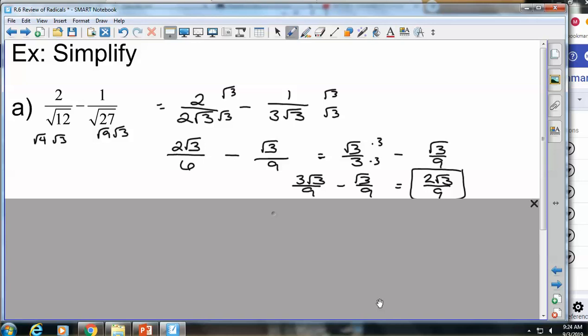Yes, when we're looking at the denominator, it has to be exactly the same. But to add or subtract radicals, it's the radical that has to be the same. Okay, that one really combines a lot of the skills we've done in this section. Breaking down radicals, adding fractions, getting our common denominator. So this one had a lot wrapped into one problem there.